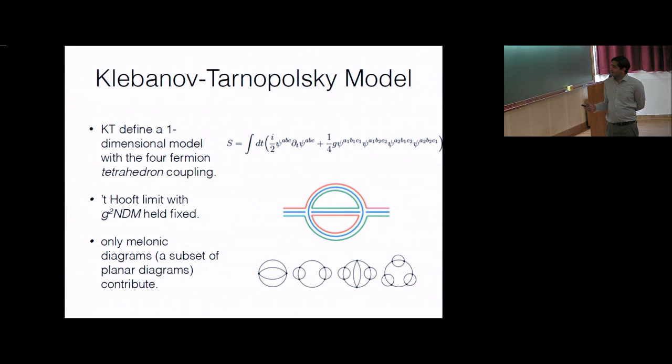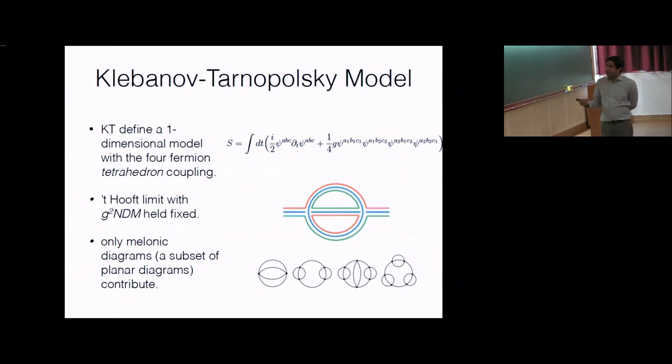That coupling can be seen from this picture. The first index contracts with this guy, the second index contracts here, and the third index contracts here, and the same is true for all of them. So the indices are contracted over, the red line goes here, the blue line goes straight, and the green line goes here, and this gives rise to a vertex which, when you draw it in some other representation, looks like a tetrahedron.